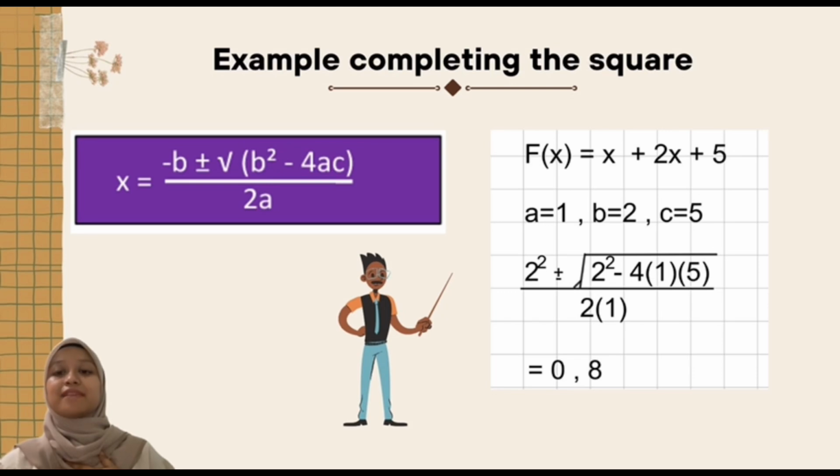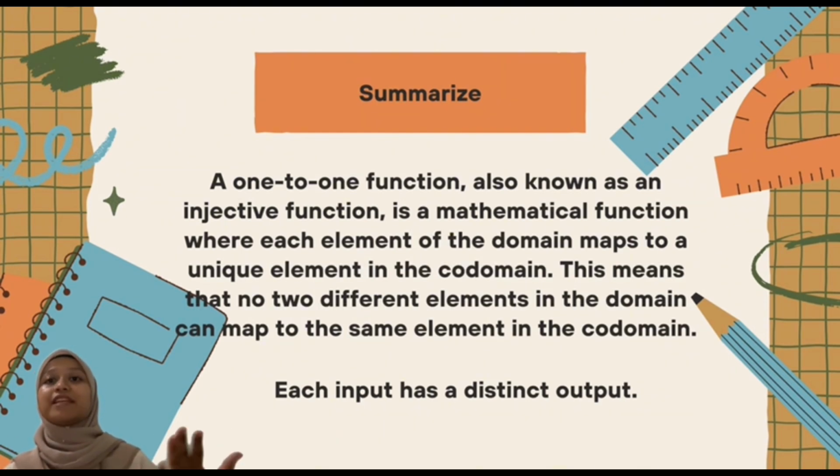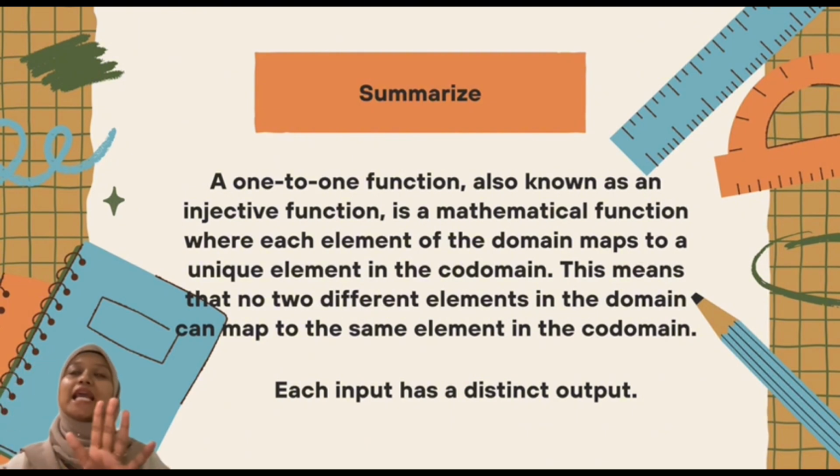So I can summarize that a one-to-one function, also known as an injective function, is a type of function in mathematics where each element of the domain is mapped to a unique element in the codomain.